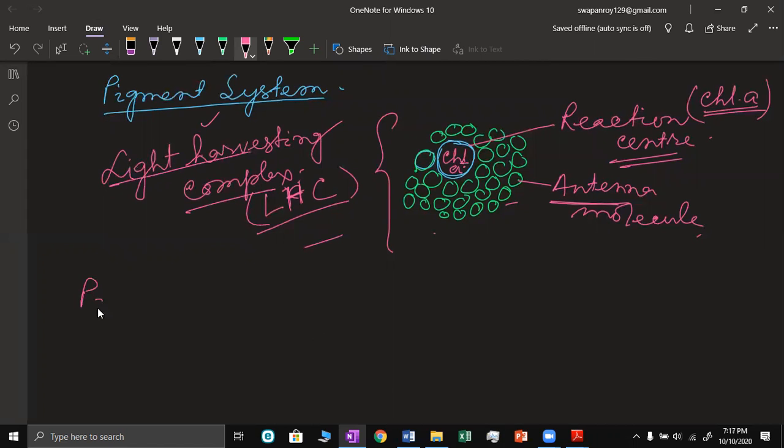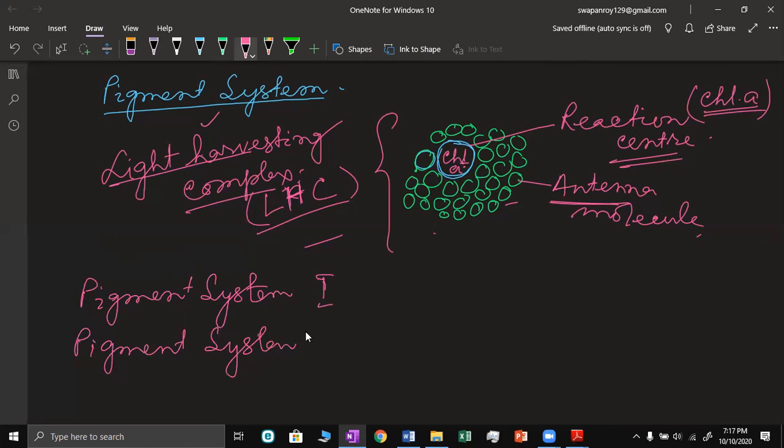So there is pigment system 1 and pigment system 2. In short, we write PS1 and PS2.